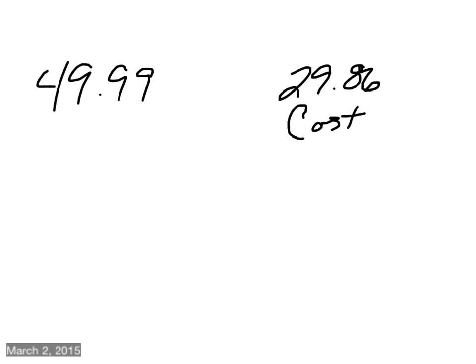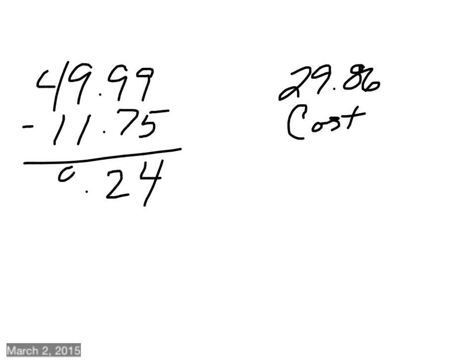What's the net profit for each of those? So if I take $49.99 minus $11.75, what I did with that $49.99 was minus out the labor and the overhead. Have I minused out the cost of the materials yet? No. Then I have to minus out the $29.86.